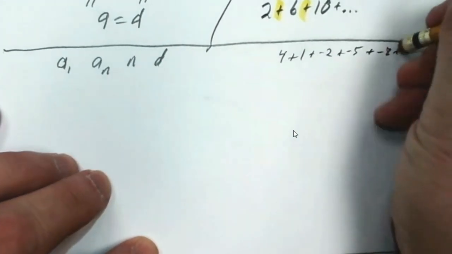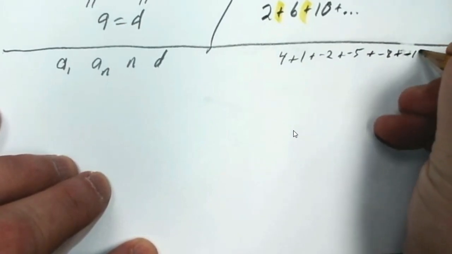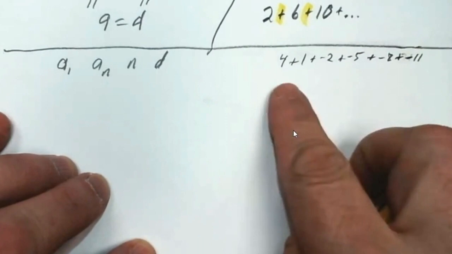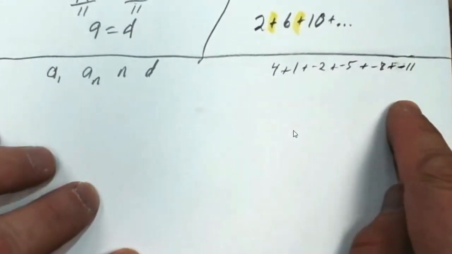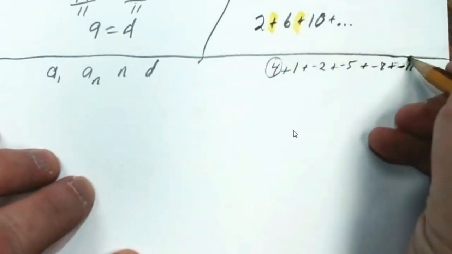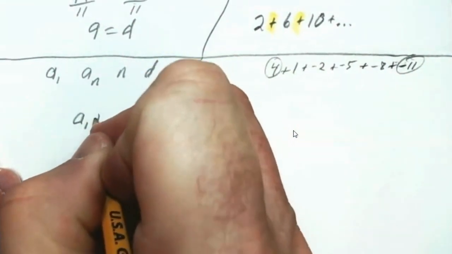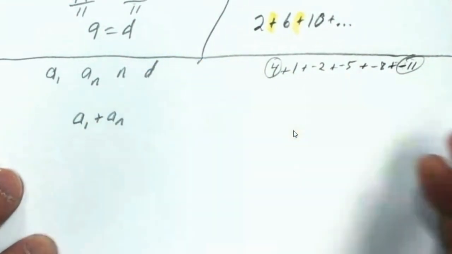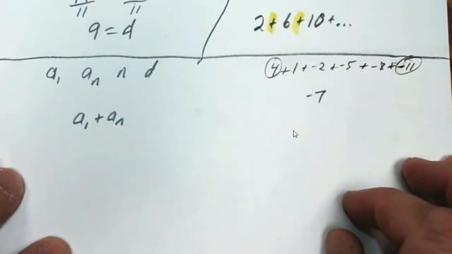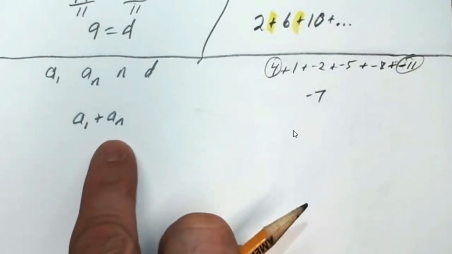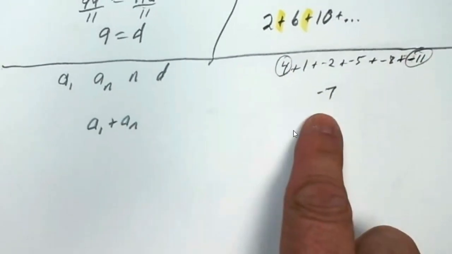So this is a sequence which has 6 terms. And they added the first term and the last term. So added A sub 1 plus A sub n, and that equaled -7. Okay, so A sub 1 plus A sub n, first term and last term of the finite sequence, got us to -7.